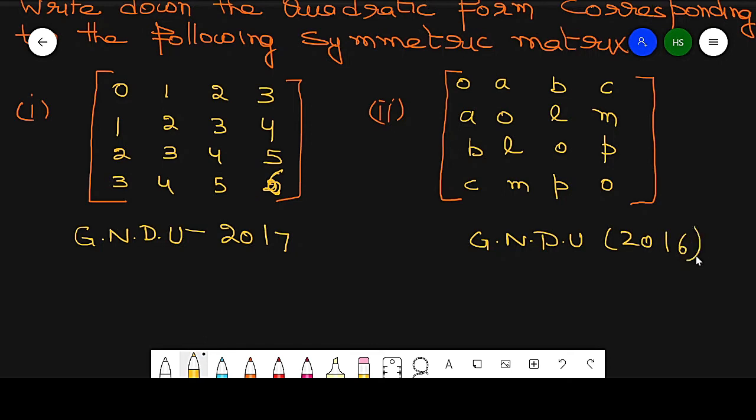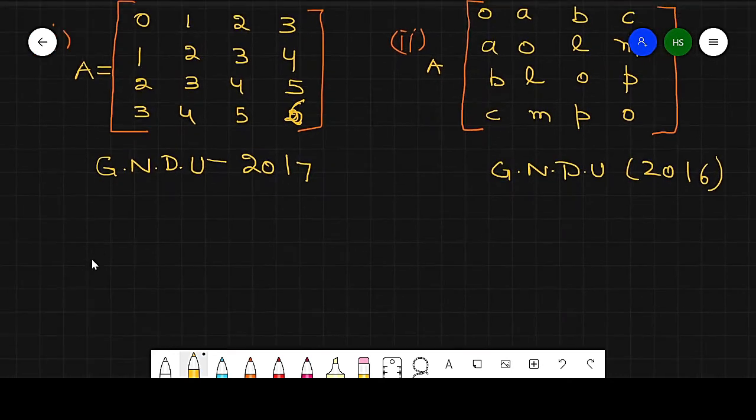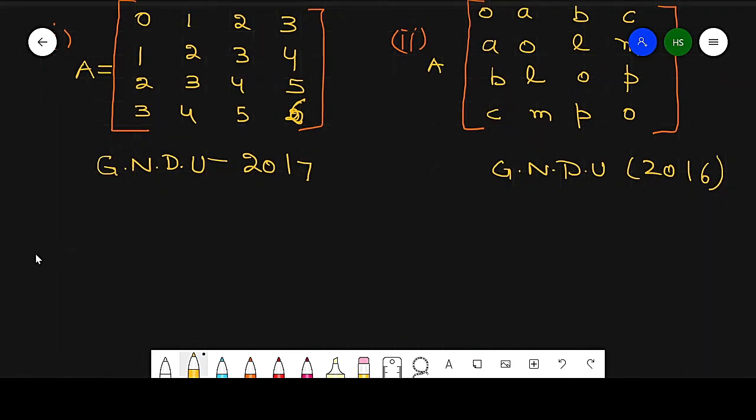Now, here there are 4 variables, and these are matrices A. So how can we find the quadratic form? I just gave the hint, so do it yourself. The quadratic form Q is X transpose A X, right? So X transpose has 4 variables, X1, X2, X3, X4.